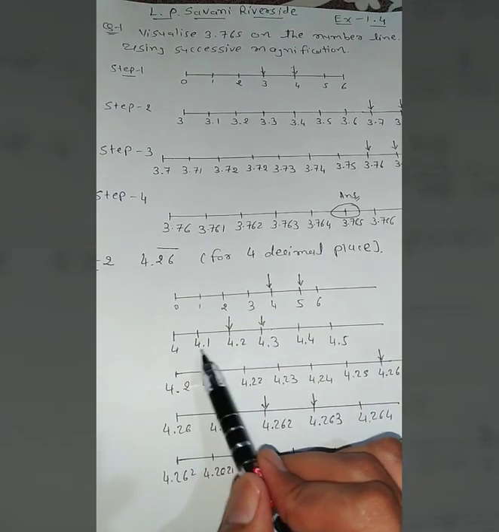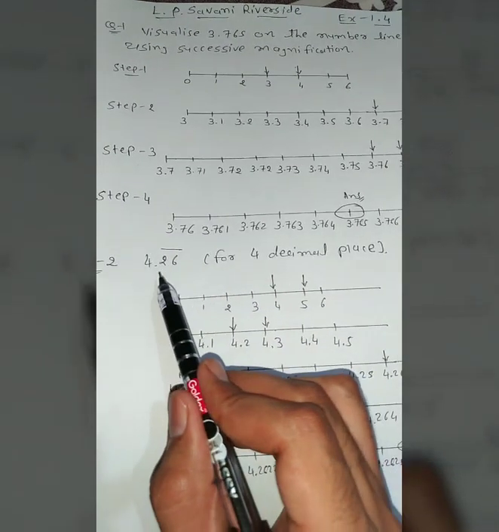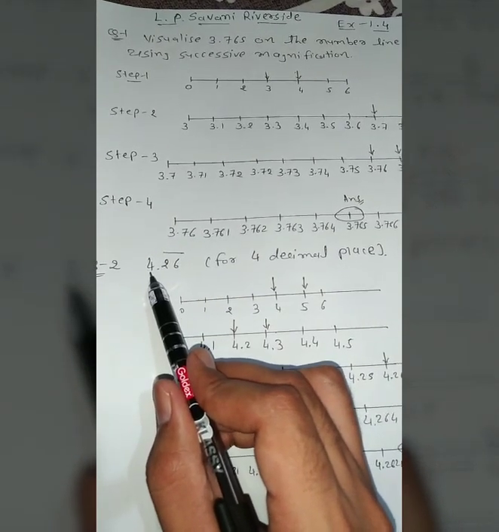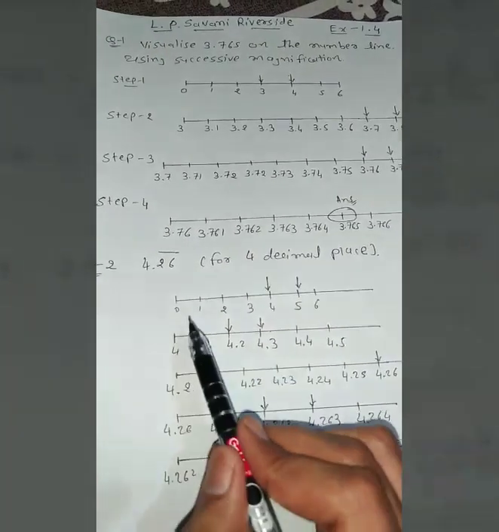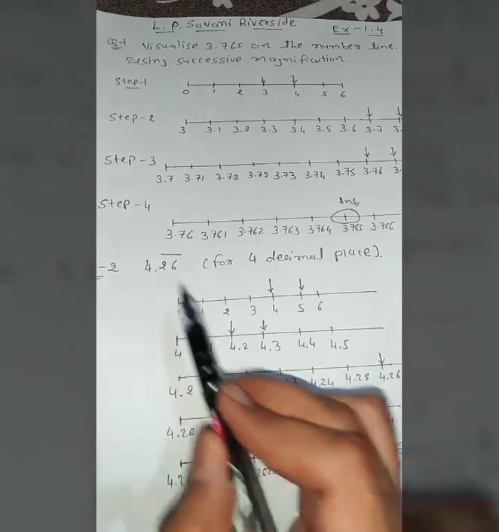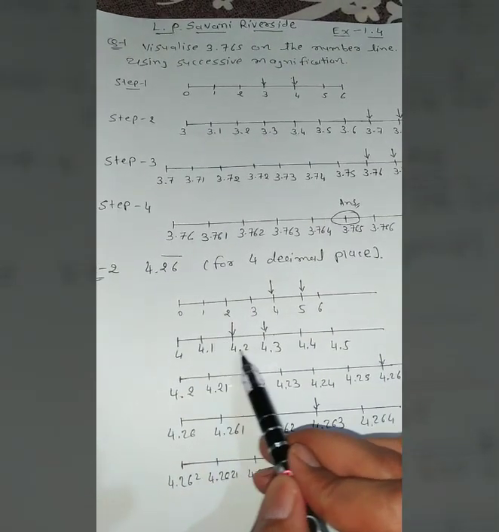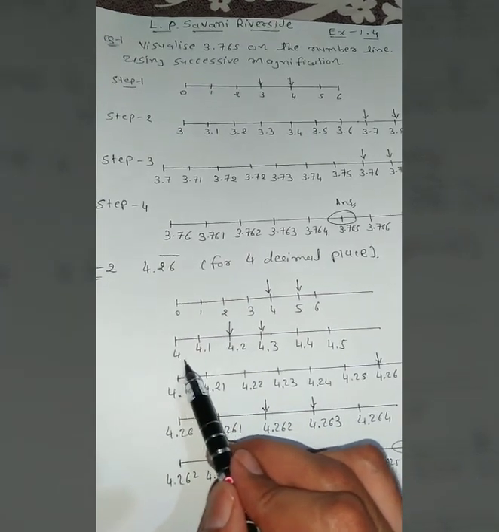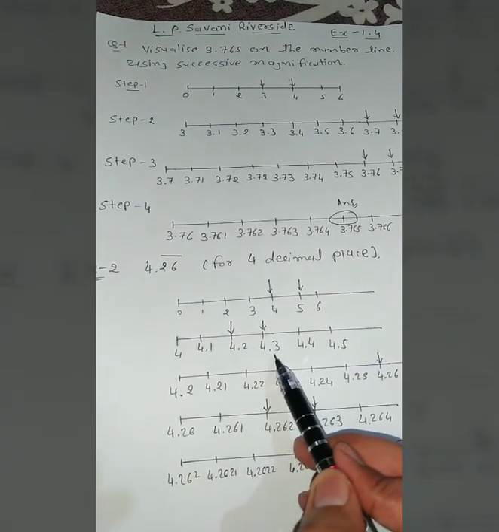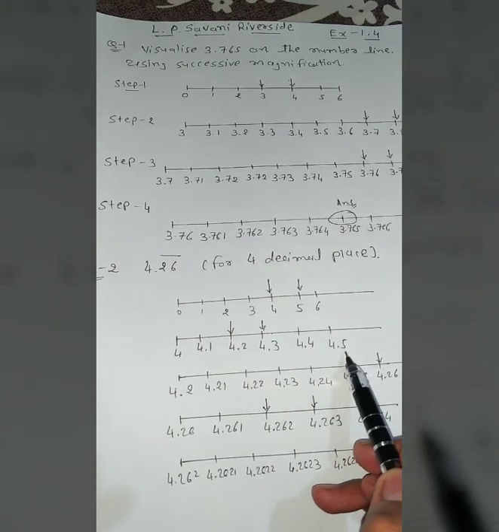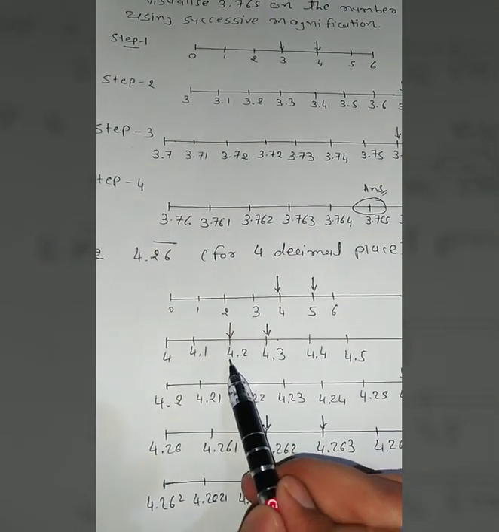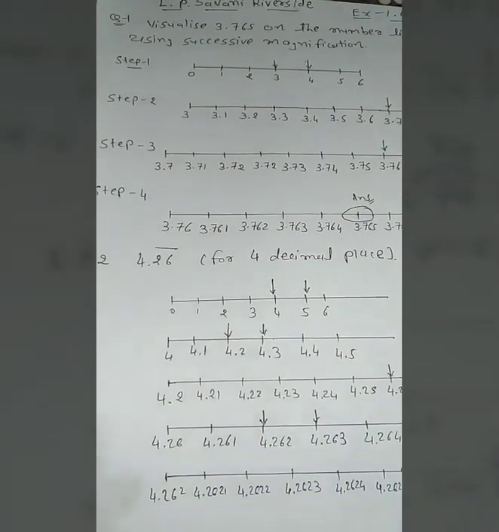In the next step, let's go one more place after the decimal point. So 4.2 lies between 4.2 and 4.3 on the number line. I indicate 4, 4.1, 4.2, 4.3, 4.4 and 4.5, and I find that this number lies between 4.2 and 4.3.